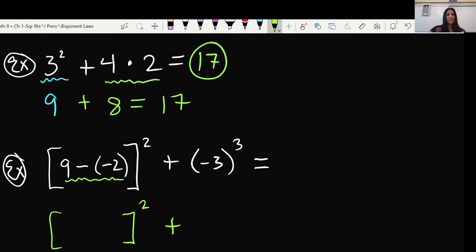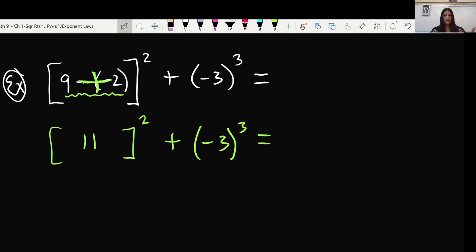If I have 9 minus negative 2, that's like saying plus 2. So 9 plus 2 is equal to 11. So this is saying 11 squared plus negative 3 cubed equals.